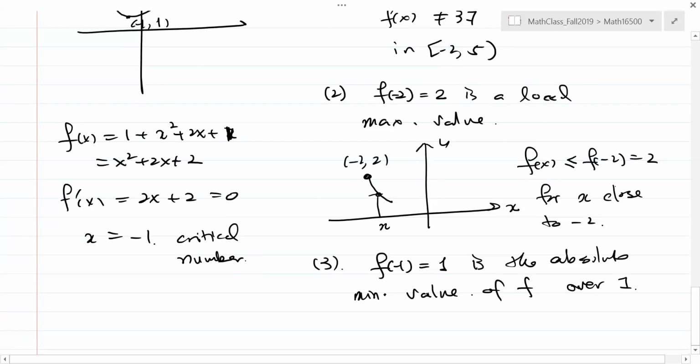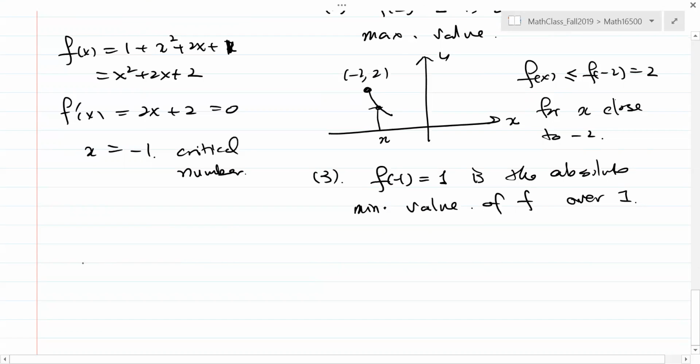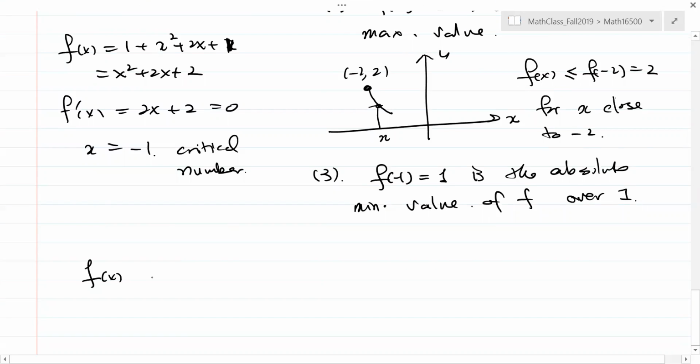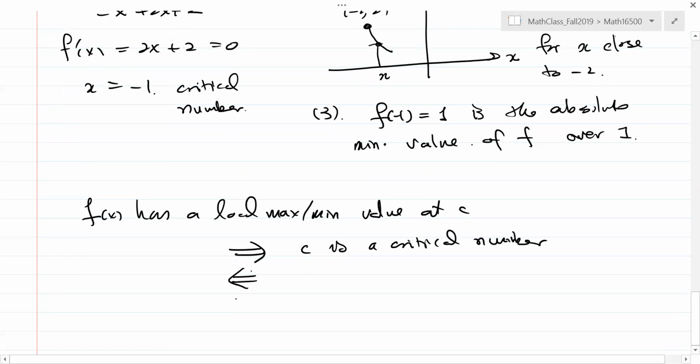We only said that if the function has a local maximum or minimum value at c, then c must be a critical number. Conversely, it's not true. It's not guaranteed the value of the function is a local maximum or local minimum value.